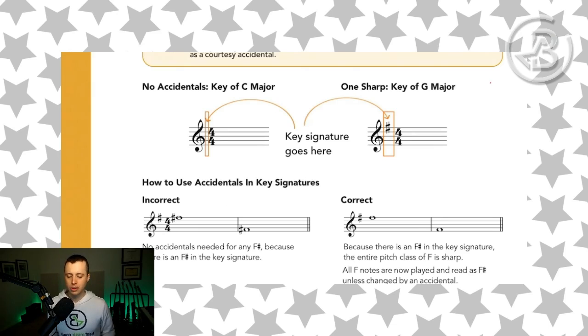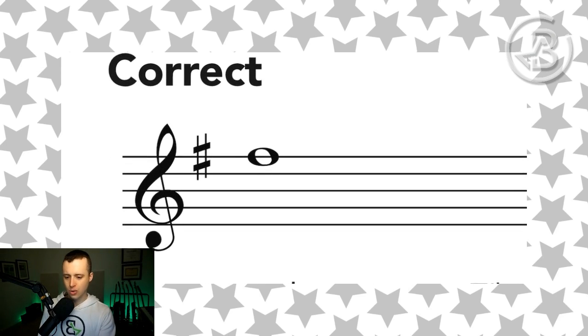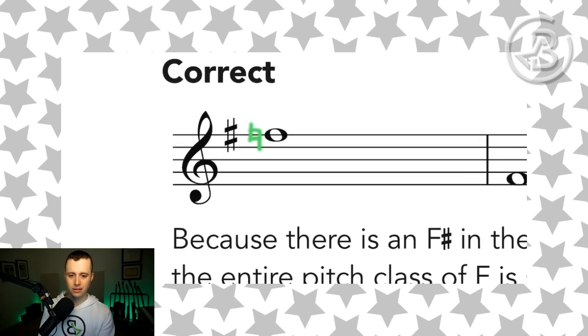Now let's talk a little bit about natural accidentals. Now all of our Fs are sharp. What if we want an F natural? Well, if we want an F natural, we're going to have to go in and write a natural sign.